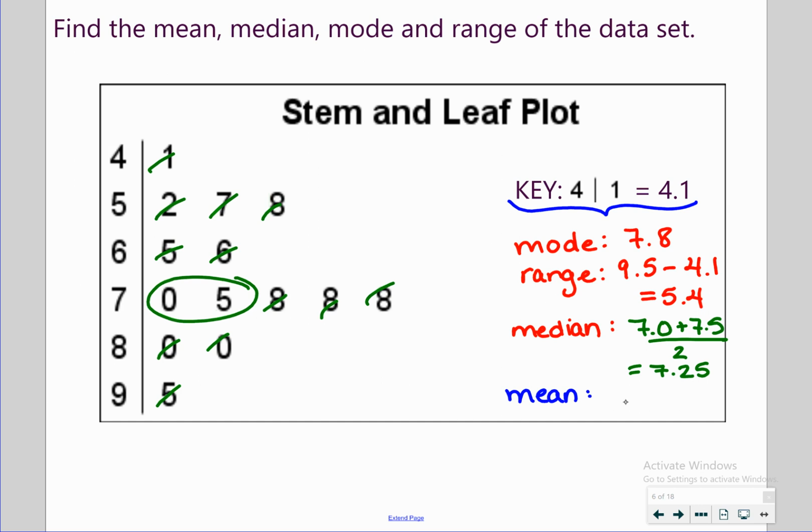So to get the mean, we are going to sum up all the data values and divide by how many there are. There are 14 in the list here, so we've just got to add them all up. Let's see. I'll do it too. We can make sure we all get the same sum here.